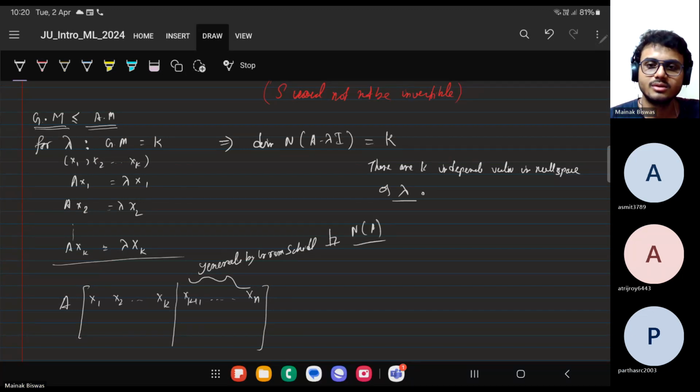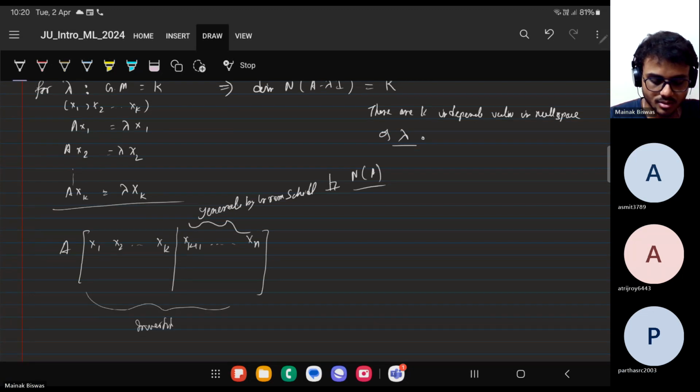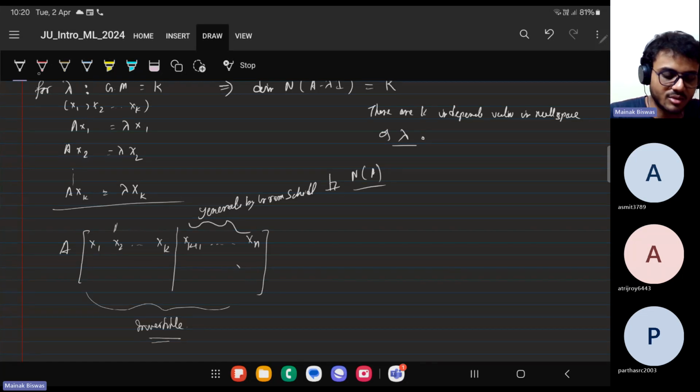Do you agree? Right? Yes, sort of out of space. So they will never be equal to 0 then. So this matrix will become invertible now. Do you agree? They are independent, and they are mutually independent.